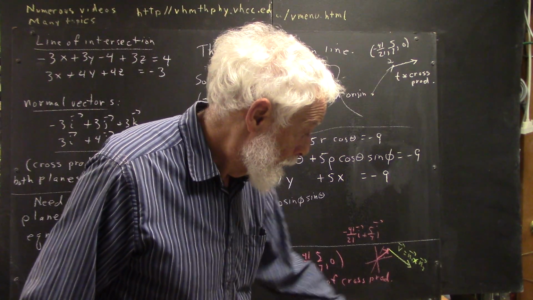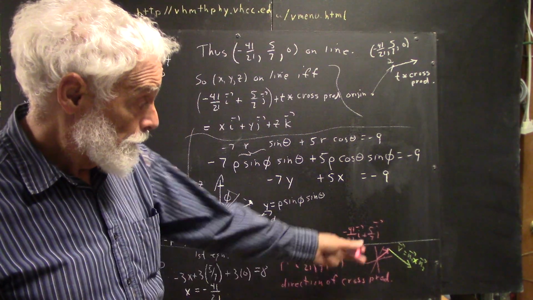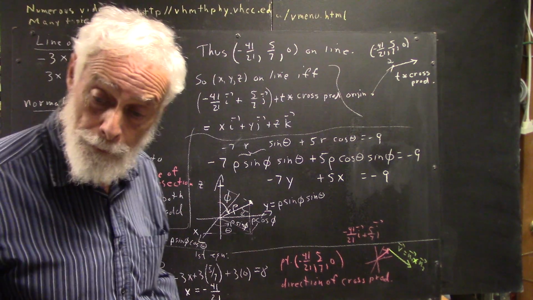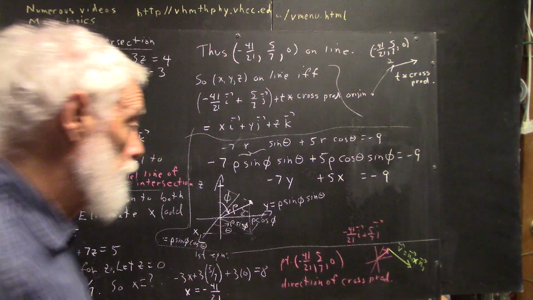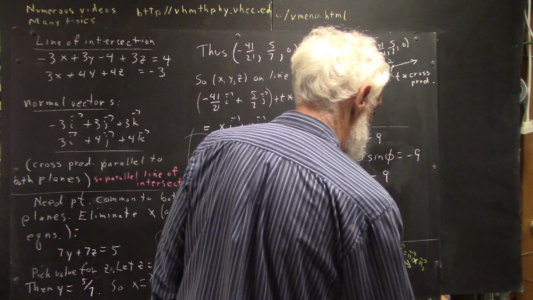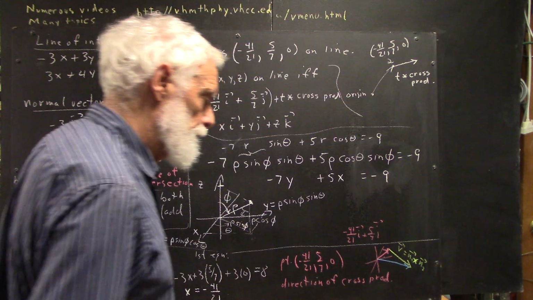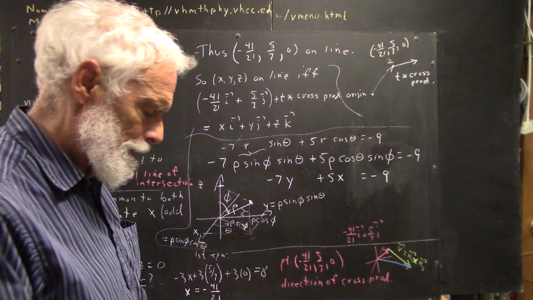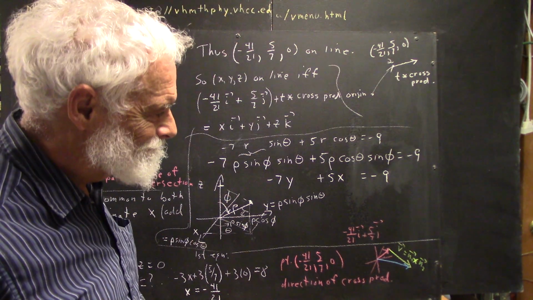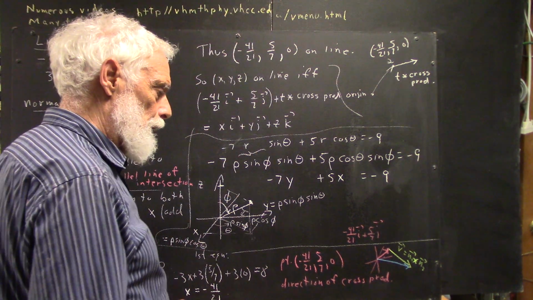Now we have our vector, our cross product of the two normal vectors, and now we have a third vector out to this point, and I'm going to have to modify this a little.